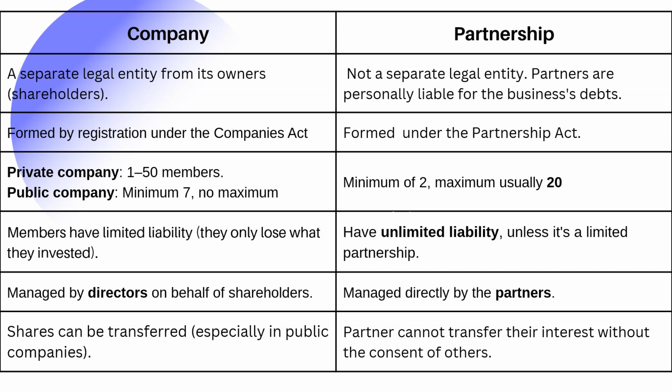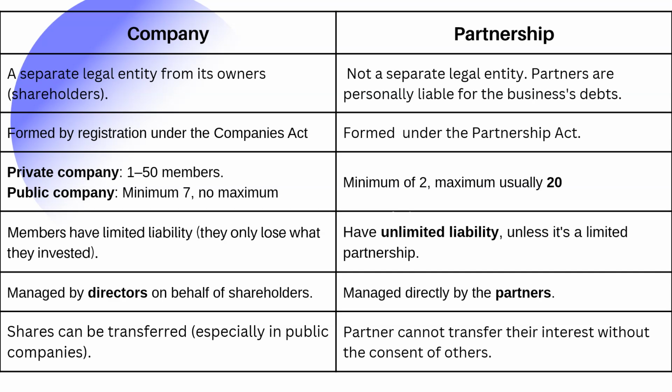You can do it anytime that you feel like, as long as you're a shareholder in a public limited company. But what happens when you are in partnership? Any transfer of shares, you have to consult your partners. Now, in terms of number, the partnership has a minimum of 2 and a maximum usually 20.